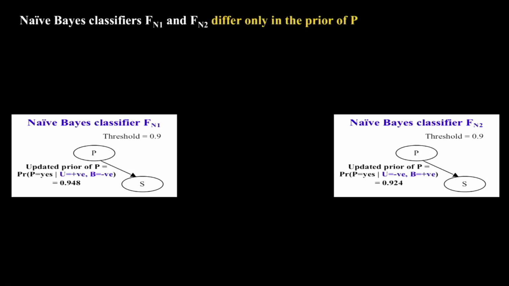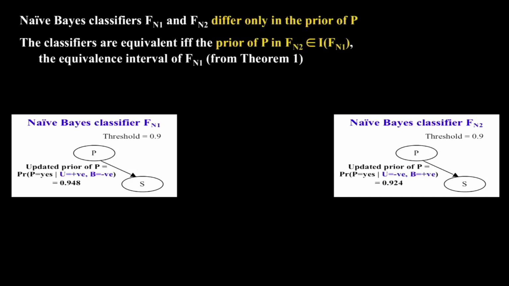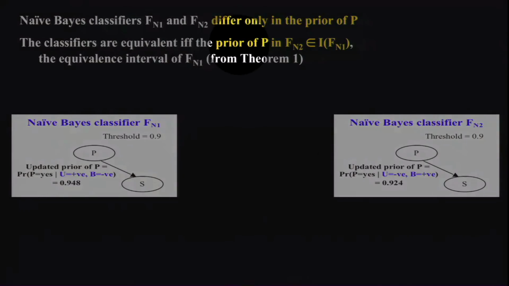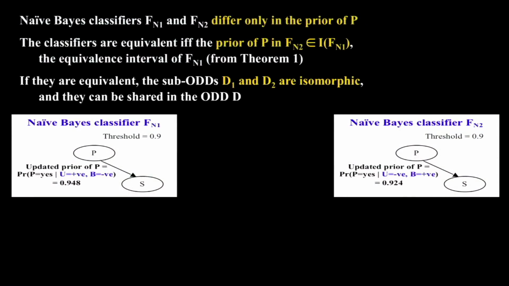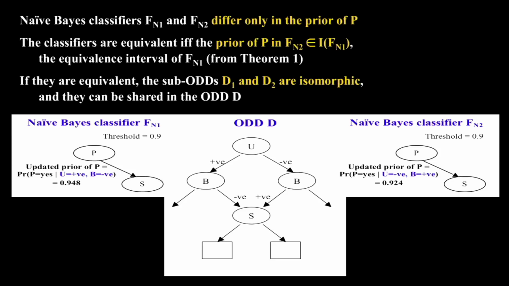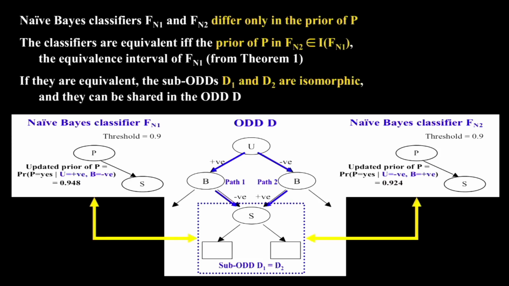So naive Bayes classifiers differ only in the prior of C. The classifiers are equivalent if and only if the prior of C belongs to the equivalence interval of that. And in that case, they are. And look what happens. It is this notion of an equivalence interval that allows you to compile a graph instead of a tree.